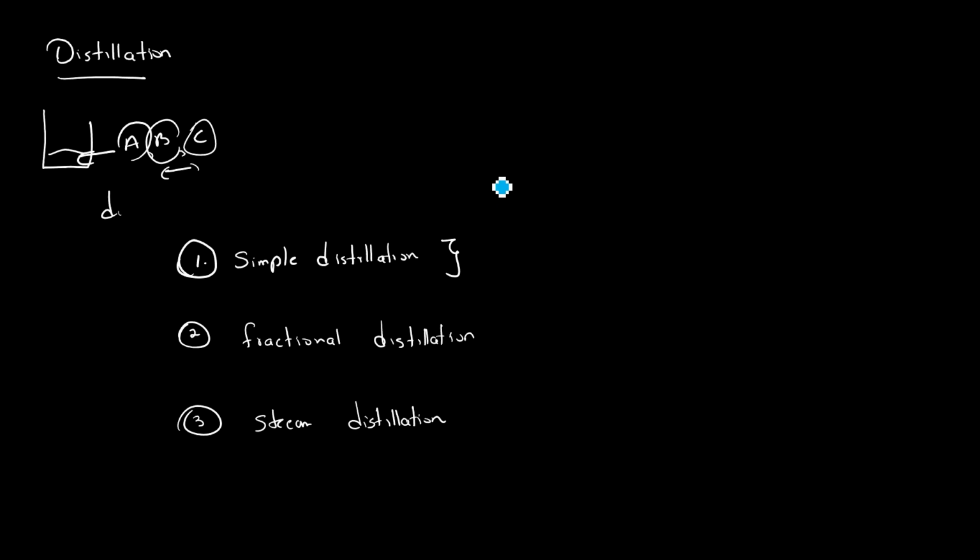Let's say this is your solution. This solution contains A and B. A has a low boiling point and B has a huge boiling point, right? The best example is well water. Now the well water contains minerals, salts. These have a very high boiling point, right? And the other component is the water, having 100 Celsius of boiling point.